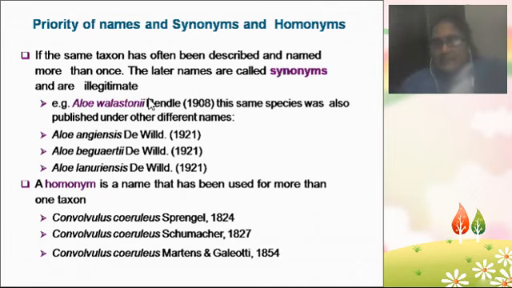The same plant was published as Aloe angiensis by De Wild in 1921, and in the same year De Wild published the same plant with different species names: Aloe angiensis, Aloe begoinii, and Aloe laurentii. The genus is the same. See here, Aloe is the genus name, the taxon name, and it is repeatedly modified with different species names. These are all called synonyms.